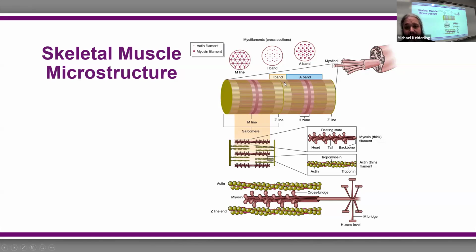And each individual fiber has a set of sarcomeres in various zones, and these are what allow for the process of actual active shortening in muscles.